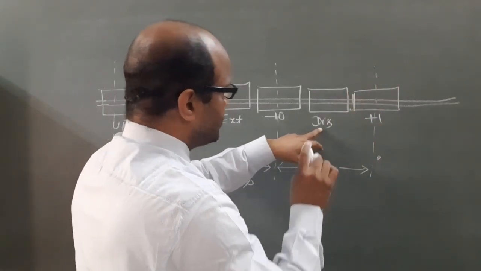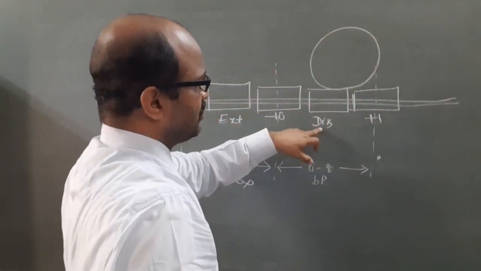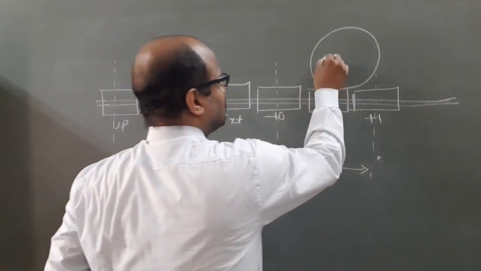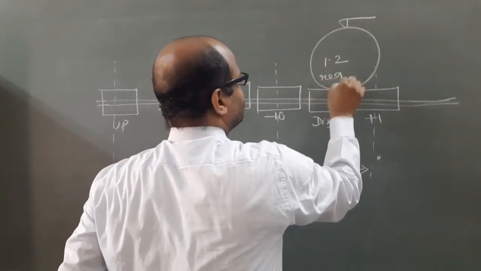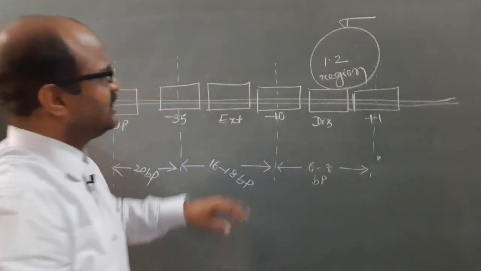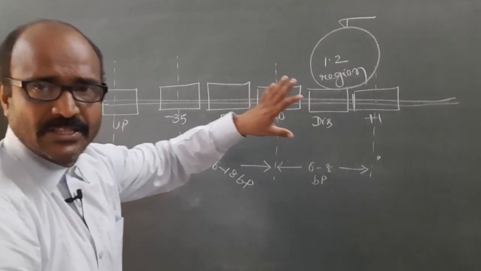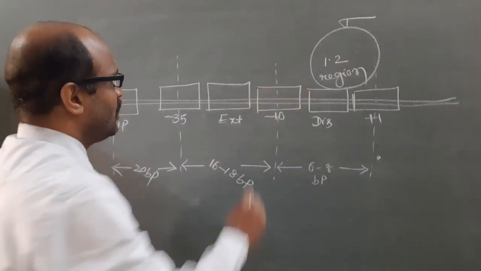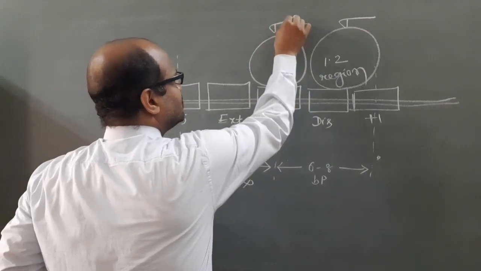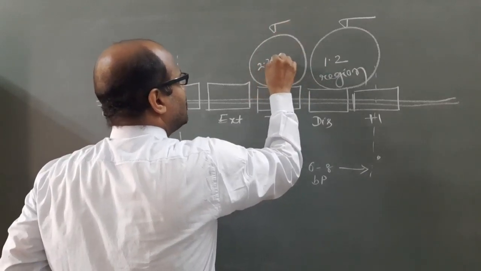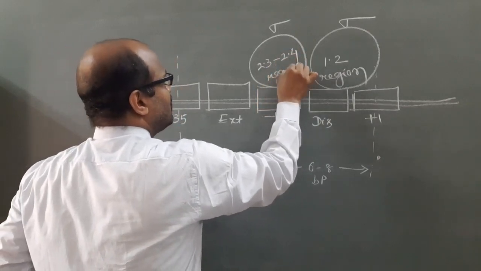But the discriminator sequence interacts with the 1.2 region of the sigma factor, and the Tata box region interacts with the 2.3 and 2.4 regions of the sigma factor.